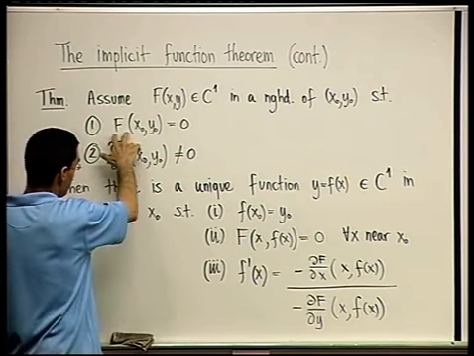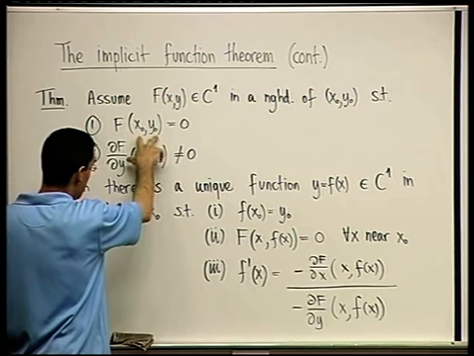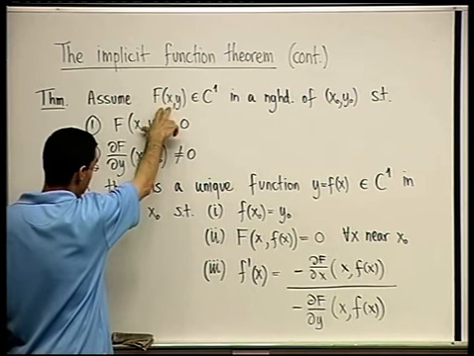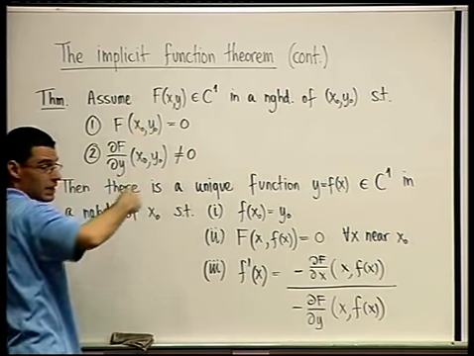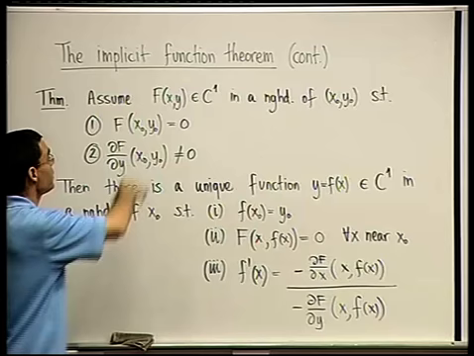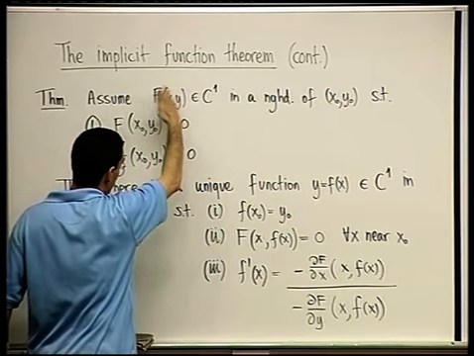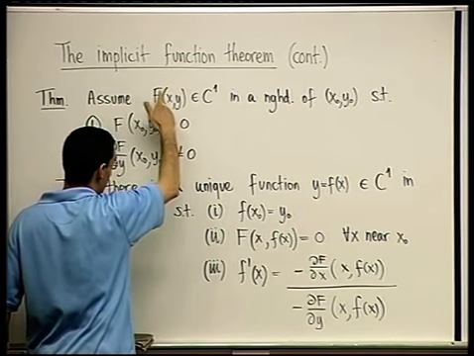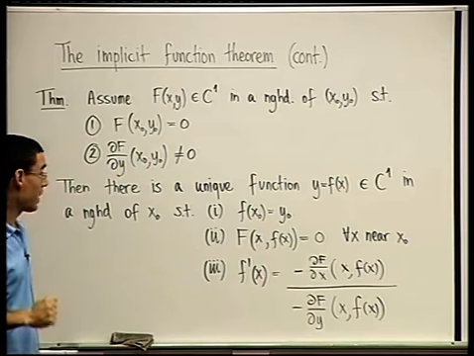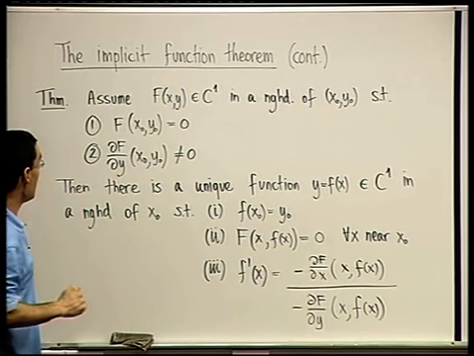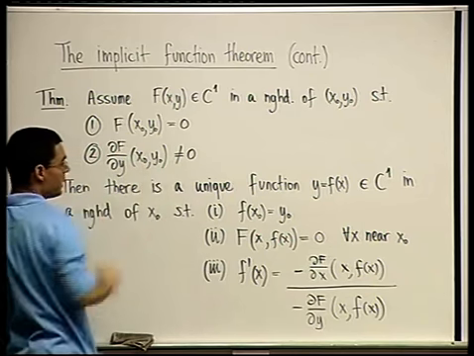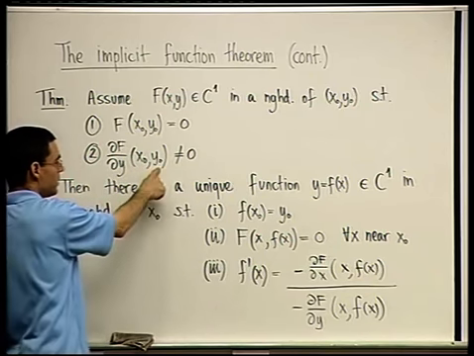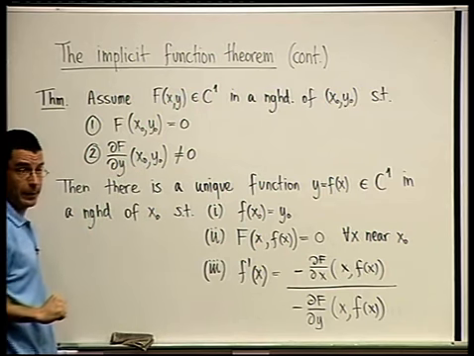So our assumption is, first of all, that when you apply the relation to (x0, y0), you get 0. That just means that this point is one of the points on the curve that this relation is prescribing. And the second assumption is that at that point, the derivative with respect to the second variable, with respect to y, does not vanish.